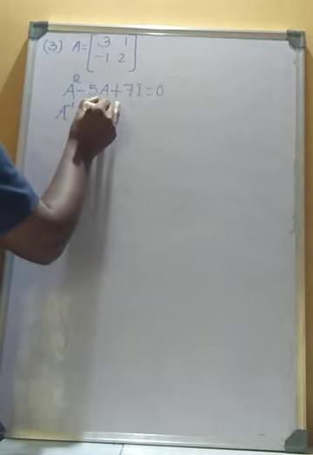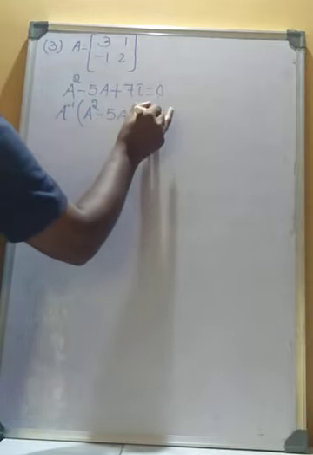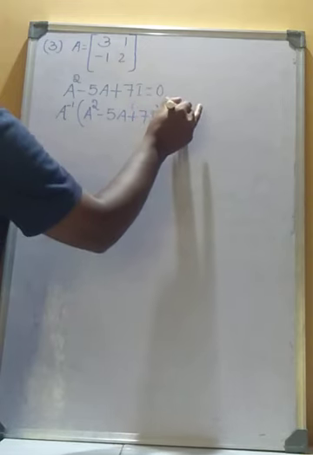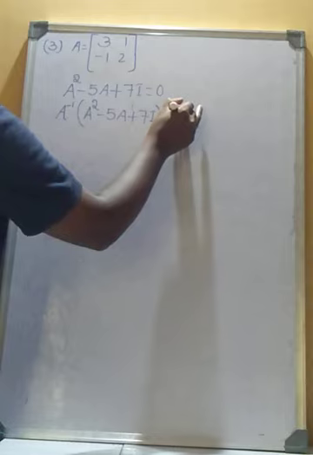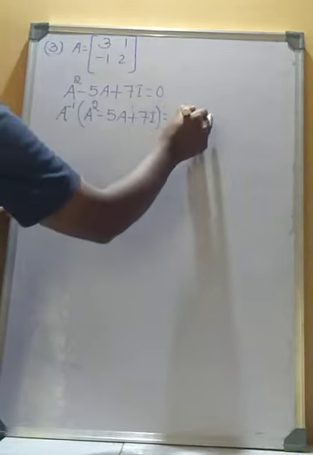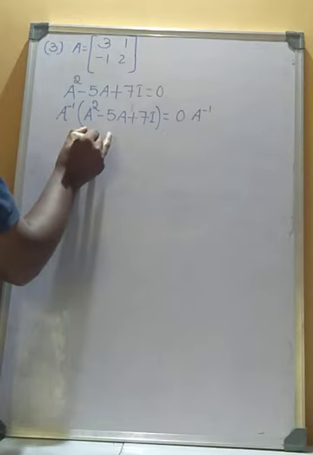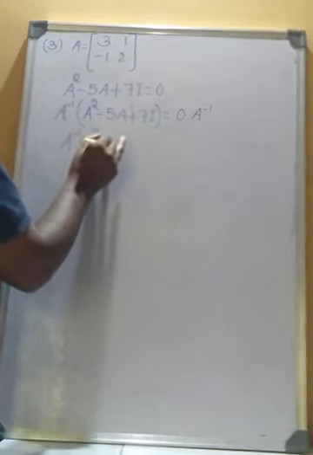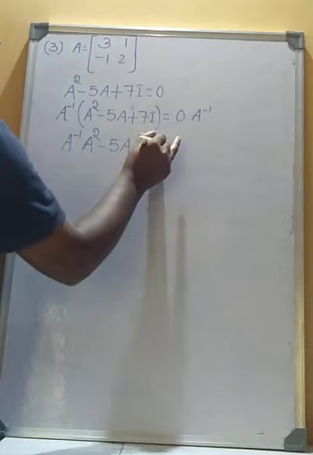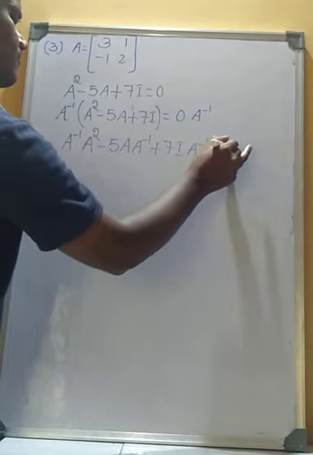A inverse into (A square minus 5A plus 7I) equals 0 into A inverse, that is 0. A inverse into A square minus 5 A into A inverse plus 7I into A inverse is equal to 0.